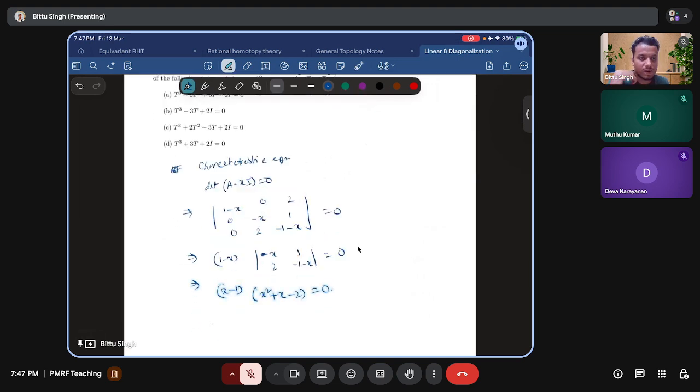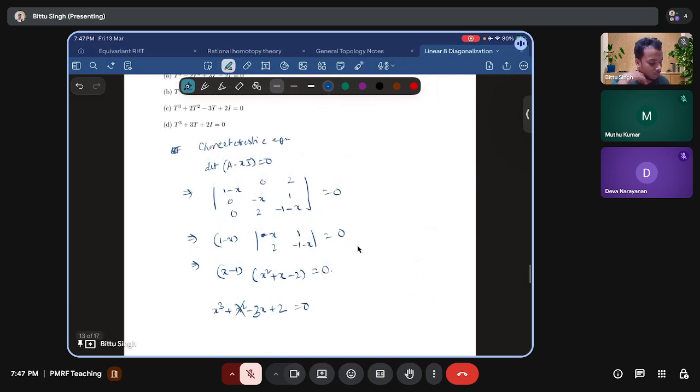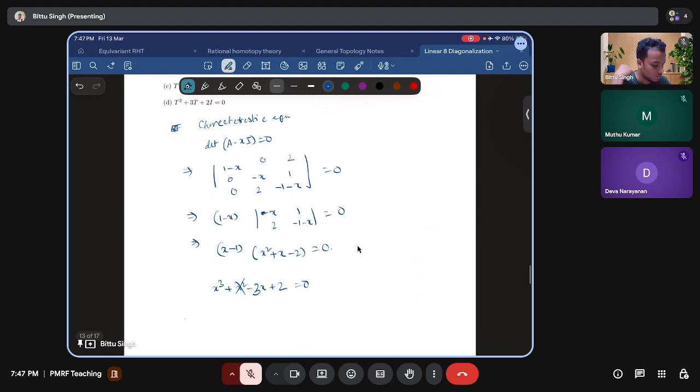So T must satisfy its characteristic equation. Let us do the whole calculation. It is x cube plus x square minus 2x, and then minus x square, so this will get cancelled. Then minus x, so it becomes x cube minus 3x plus 2. So this will be the characteristic equation.